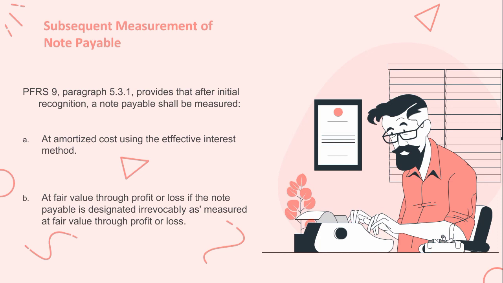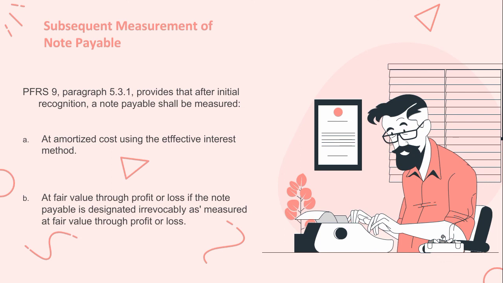If you really understood the effective interest method discussed in chapter 6, this is an easy topic for you, since we are just going to apply that method here in note payable.